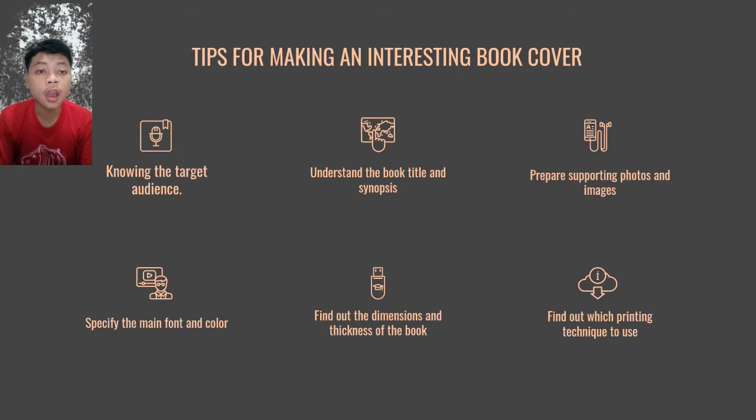After that, also try to understand the book title according to what is written and implied. Also, read the synopsis to get a brief overview of the content of the book. Usually, the synopsis has been provided by the publisher or the author directly, so you just need to follow up by understanding it carefully.